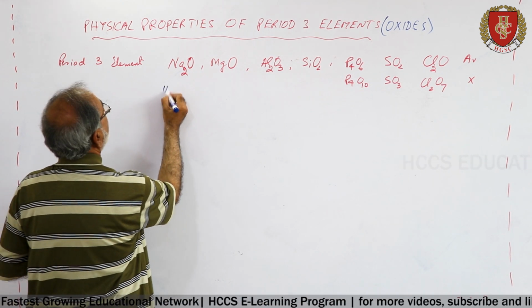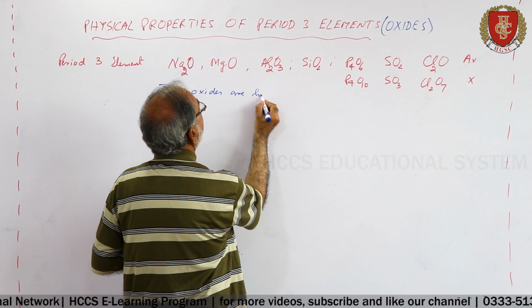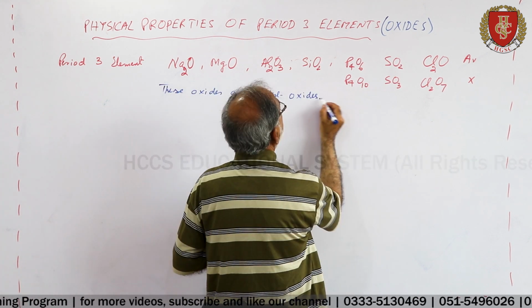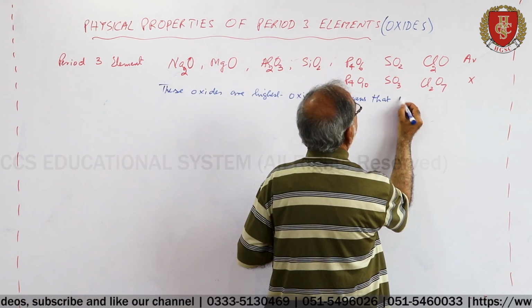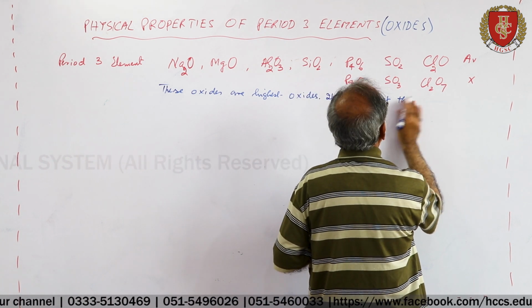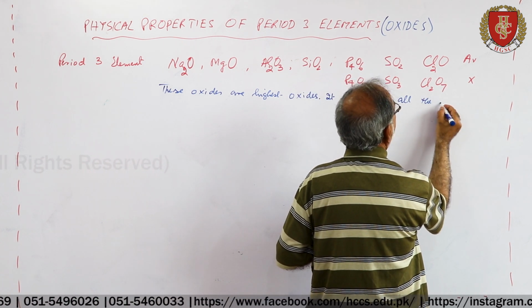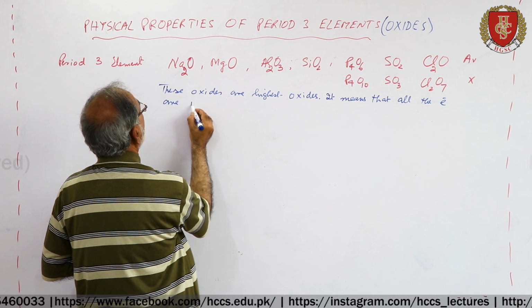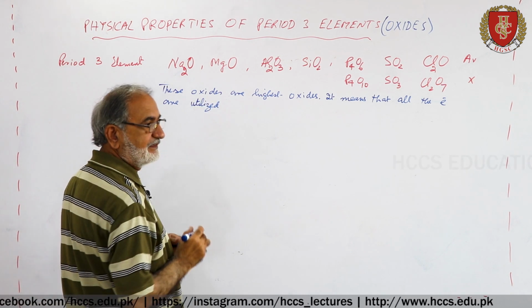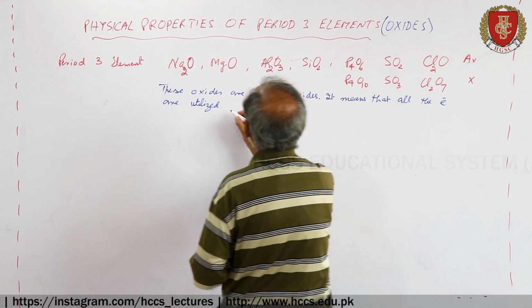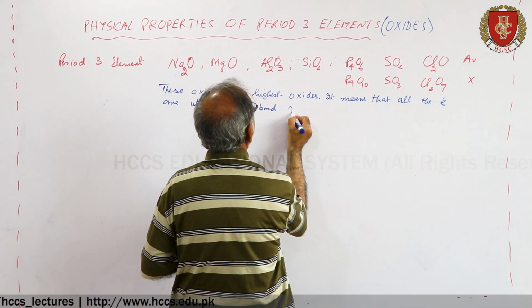These oxides are the highest oxides. It means that all the electrons of the element are utilized in bond formation.